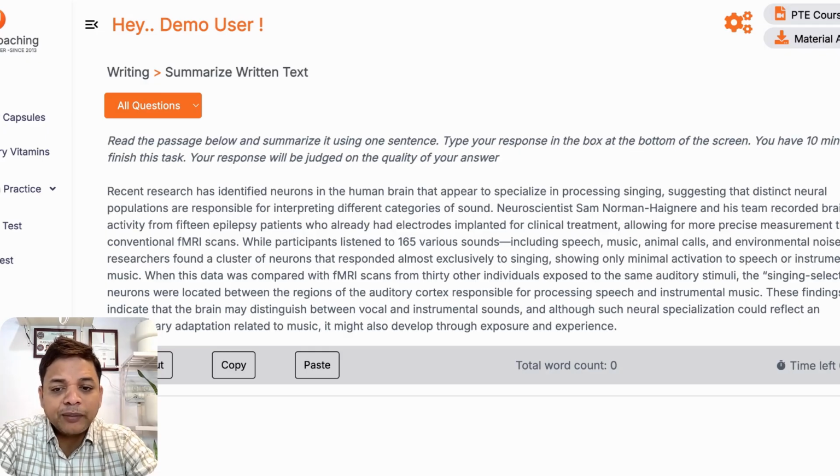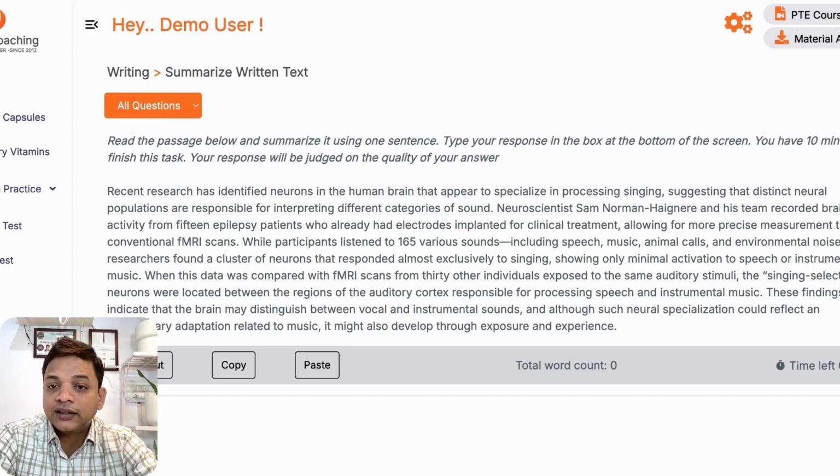When this data was compared with fMRI scans from 30 individuals exposed to auditory stimuli, the singing-selective neurons were located between the regions of auditory cortex responsible for processing speech and instrumental music. So basically, they did further experiments. They found there are neurons called singing-selective neurons, located between the regions processing speech and instrumental music.